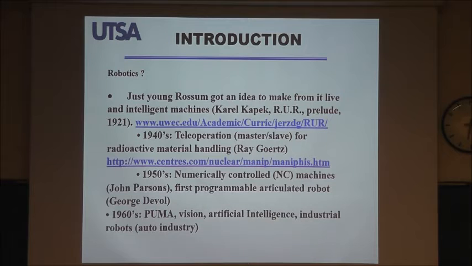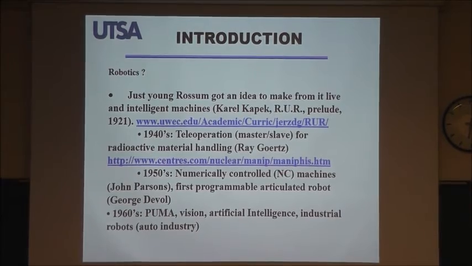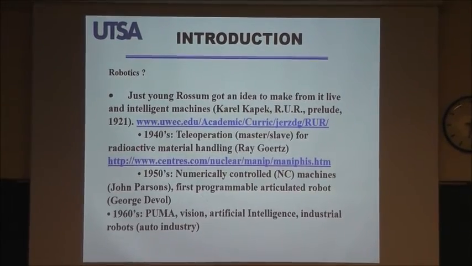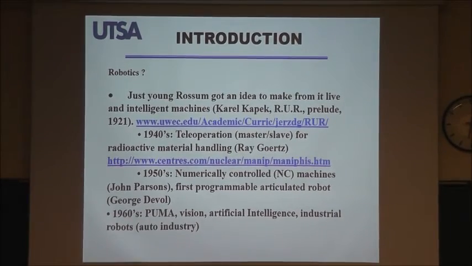Then in the 1940s, during World War II, and places like Oak Ridge National Lab in this country, the concept of teleoperation, master-slave came into being, because handling nuclear material, for whatever reason, whether it's electricity or weapon or what have you, you cannot do unless you have a robot inside a secured, radiation resistant environment.